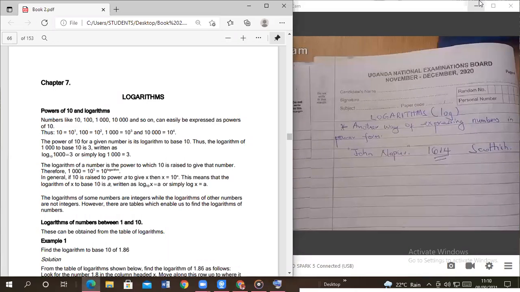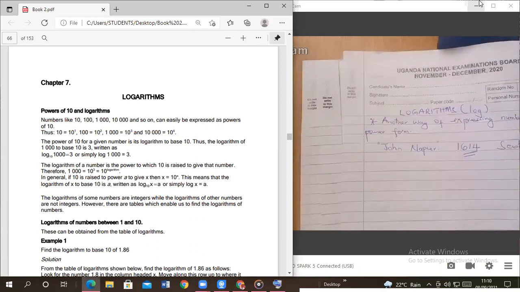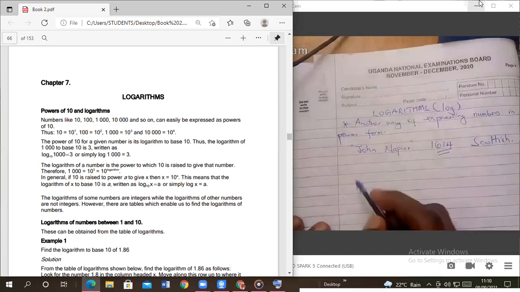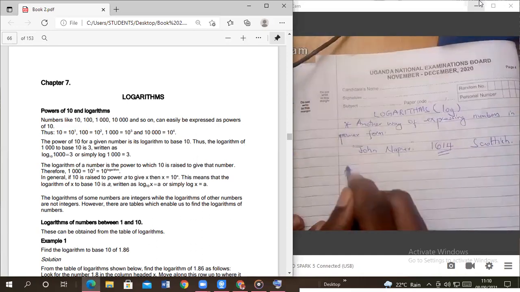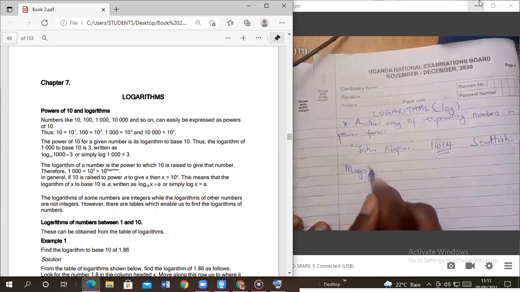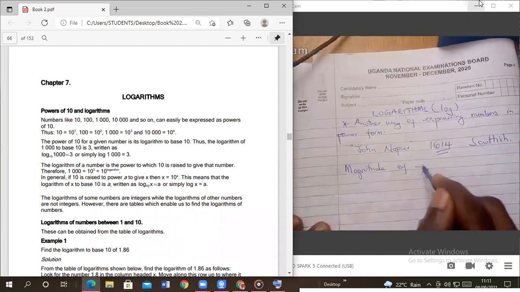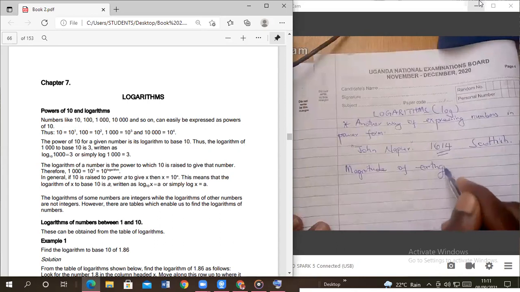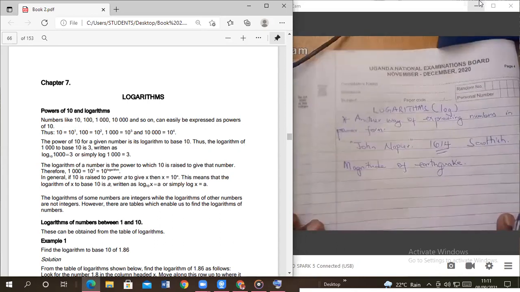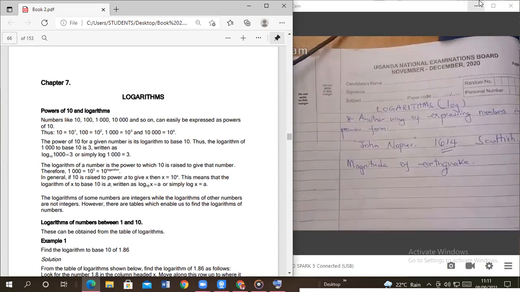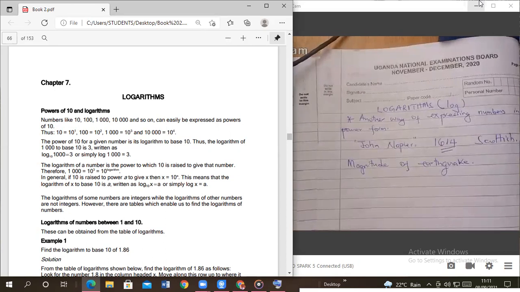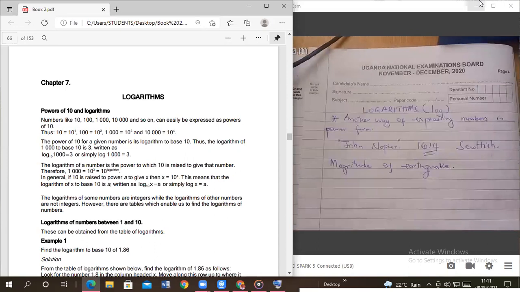That's why one of the applications of logarithms is magnitude, when we want to measure the magnitude of an earthquake. We always listen to the news. We say an earthquake has taken place in this and this place.